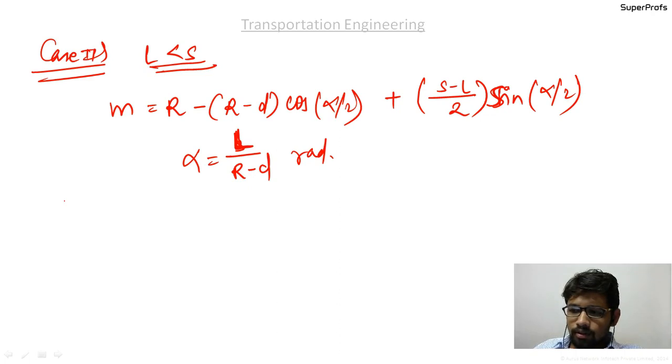Therefore, for single lane roads with length of the curve less than the minimum required sight distance, use d equal to 0.